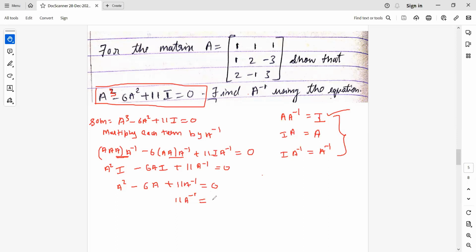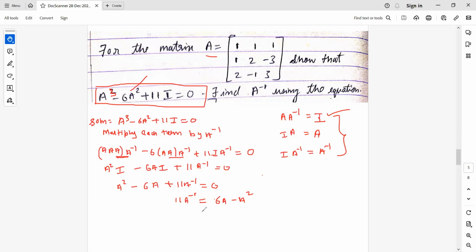Rest, we need to write down now the equation for A inverse. So this will be equal to, see, 6A is negative. I'll shift it to the RHS. So it will be plus 6A, and then it will be minus A square. Okay, so already while solving this equation, we will be having the value of A square, and A value is already given to us, so we need to substitute in the equation.